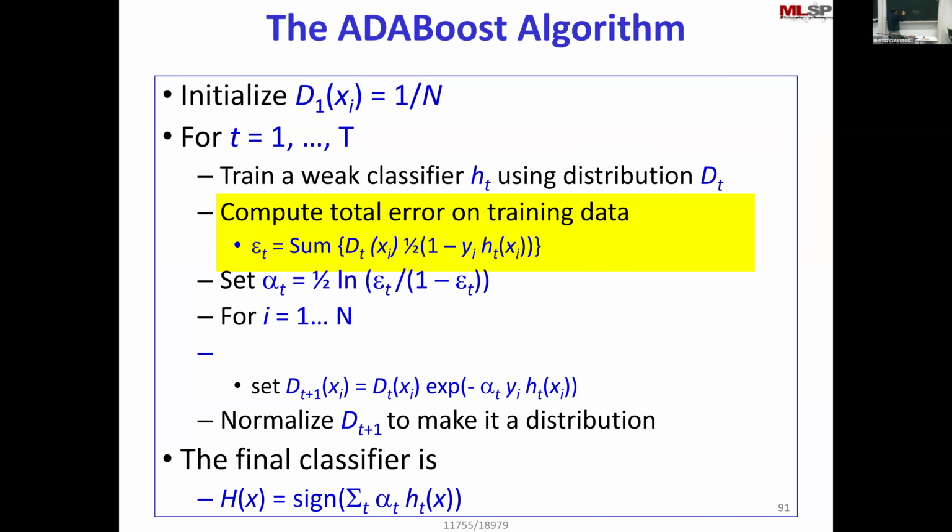So what is 1 minus that? It's either 0 if it's correct, 2 if it's not, right? So what is half of this? 0 if it's correct, 1 if it's not, right? It's a count of error. And so that funky formula over there is just using this to determine if that thing has been misclassified, and it's adding the weights of all the misclassified instances, and that is the total error.